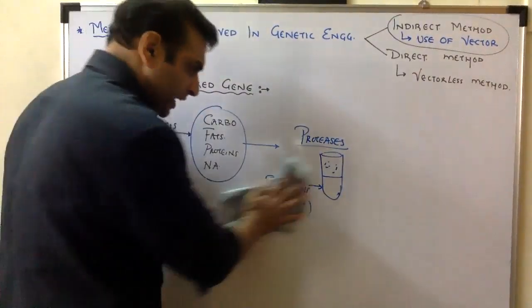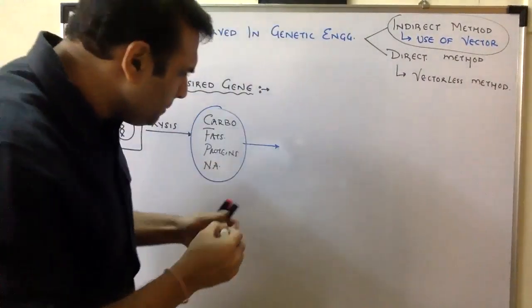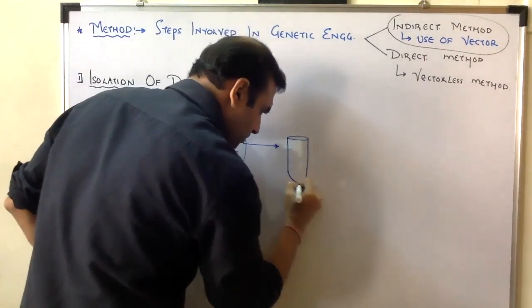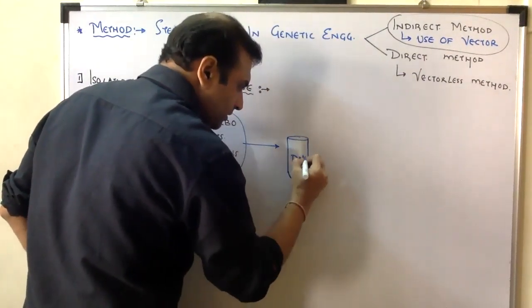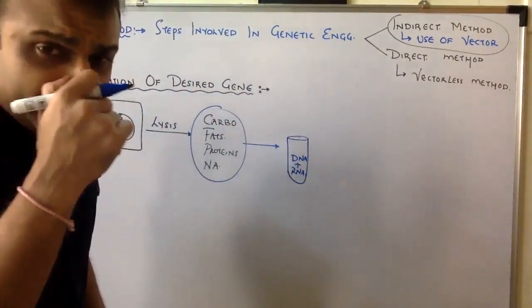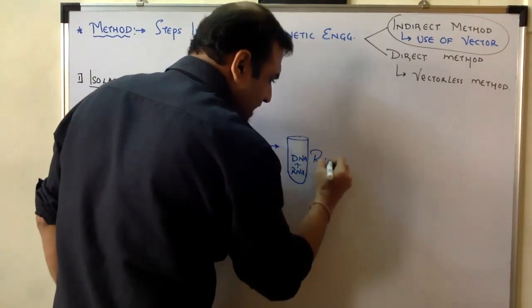ओके, अभी सुनो ध्यान से. सो अभी मेरे टेस्ट ट्यूब के अंदर डीएनए है और आरएनए है. अभी मुझे सिर्फ डीएनए चाहिए. I will be using an enzyme called as RNases.